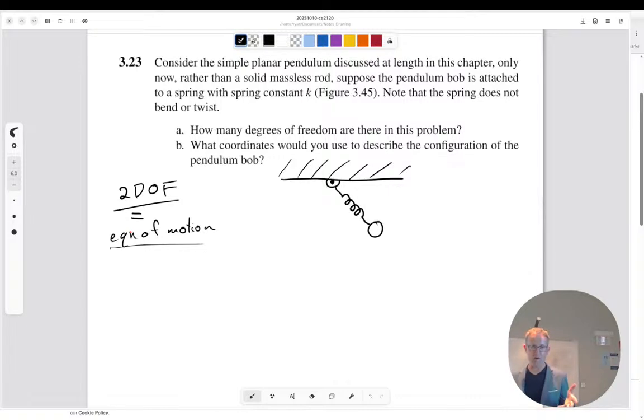All right, so now I said polar coordinates, but what do you say? What coordinates do you want to use for pendulum motion?